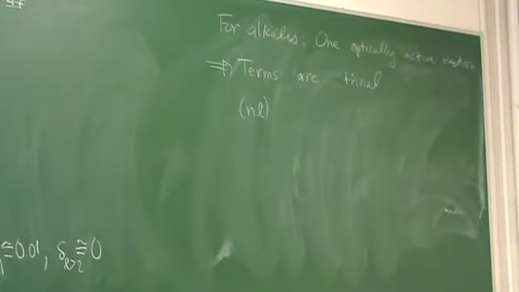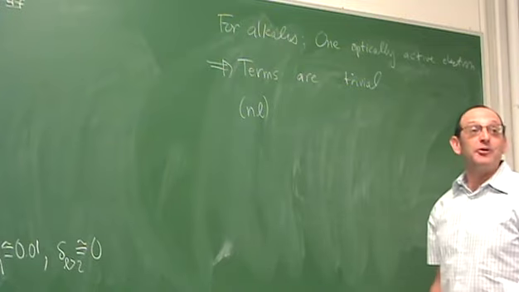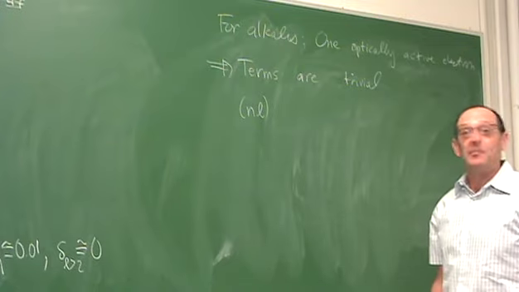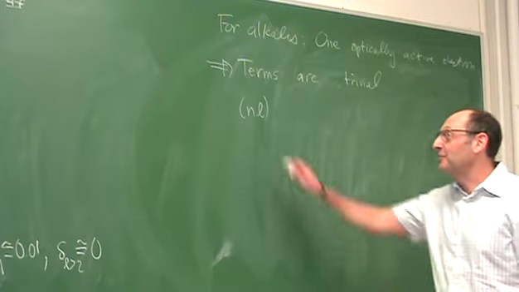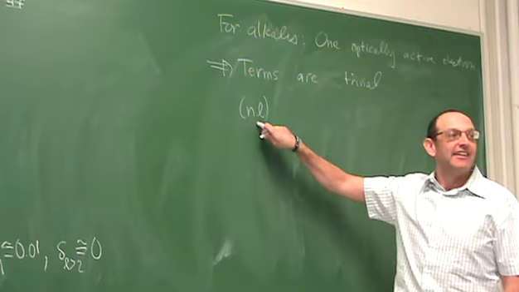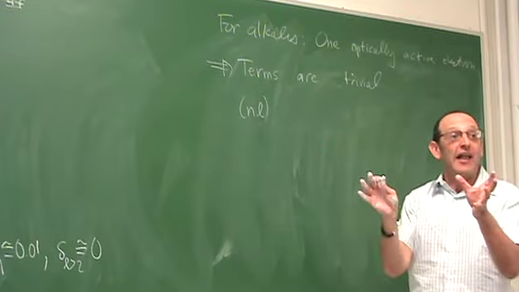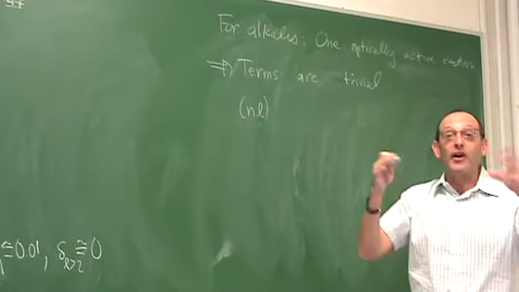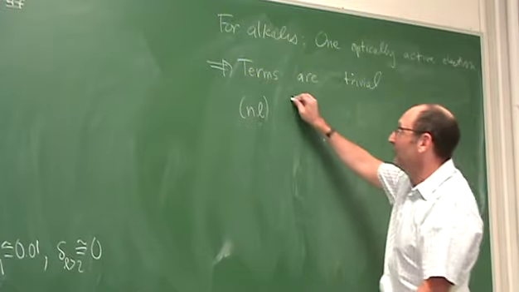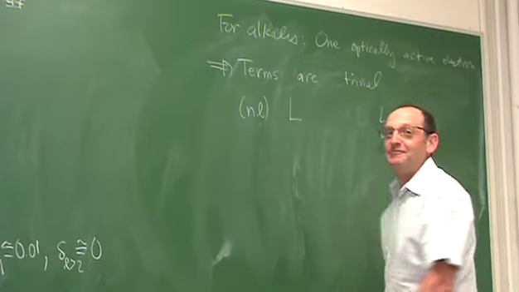It has an n and L. And then there's only one possible term, because the total orbital angular momentum is the angular momentum of that particular electron. All the other electrons, their total angular momentum in the core is 0. So the term here has capital L, where capital L equals little l.